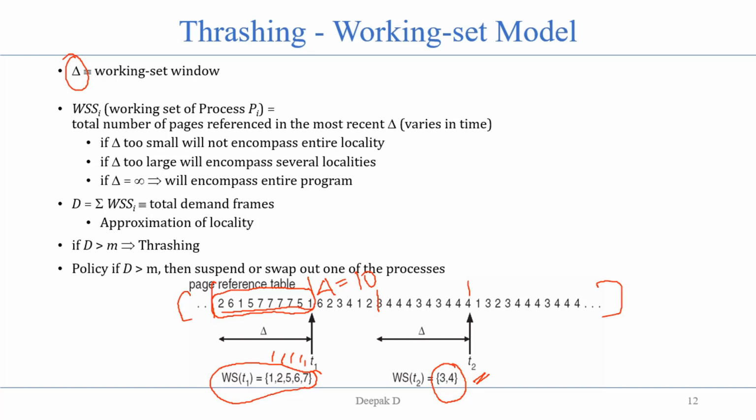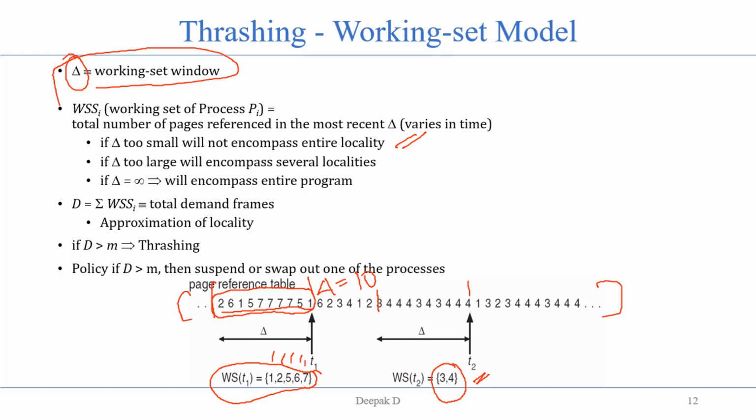The most important thing is that the accuracy of this working set depends upon the selection of the working set window of that particular process. If this working set window is too small, it cannot accommodate even a single entire locality.